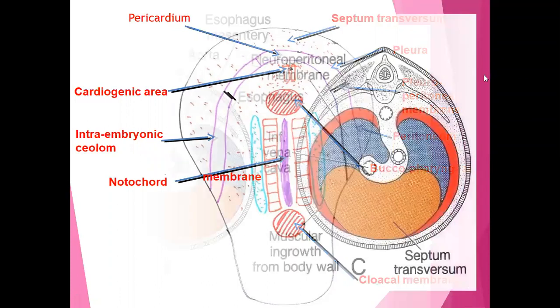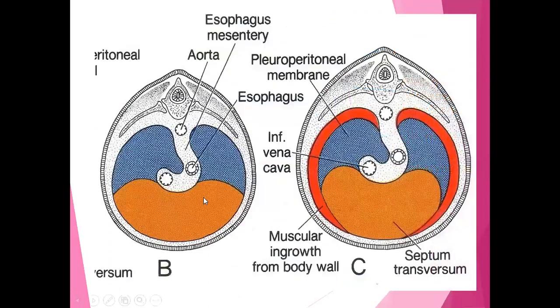So these are the various structures which are forming our diaphragm. This is the posterior side, this is the anterior side. Anteriorly we have the septum transversum, and on the side we have the pleuroperitoneal membrane, and definitely they will be joining with the esophageal mesentery.